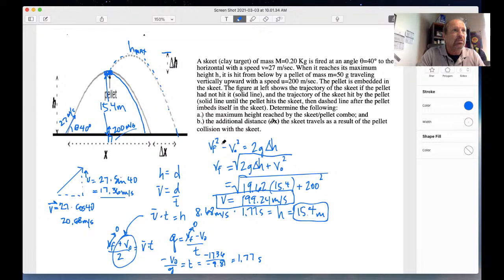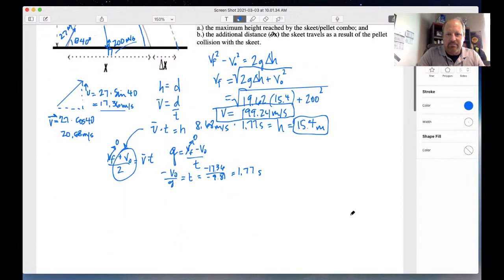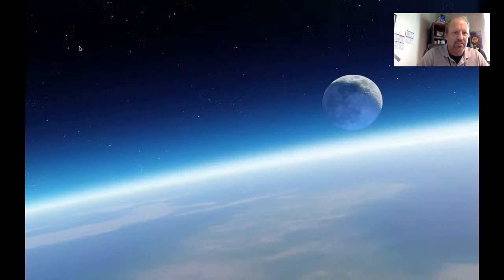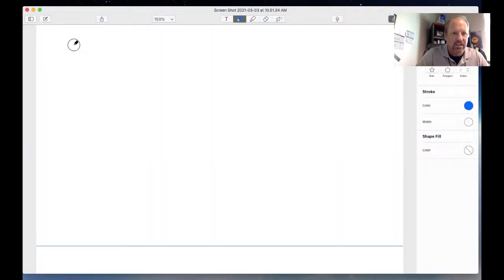Now, a couple things to keep in mind: we've got two collisions happening. We have a horizontal collision, and then we have a vertical collision. So we're going to treat each one the same, but we just have to keep in mind which is which.